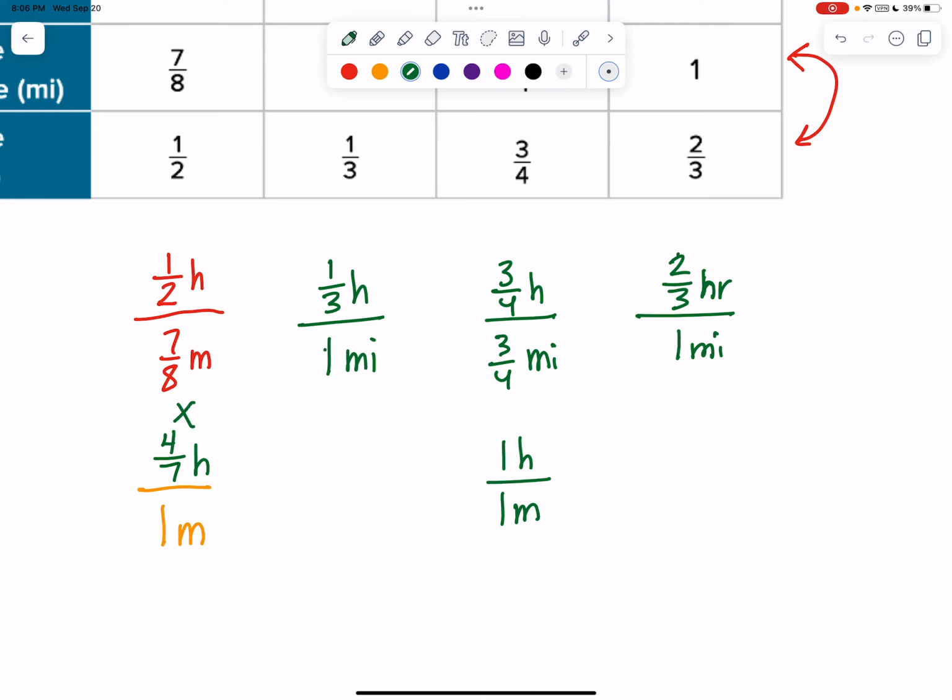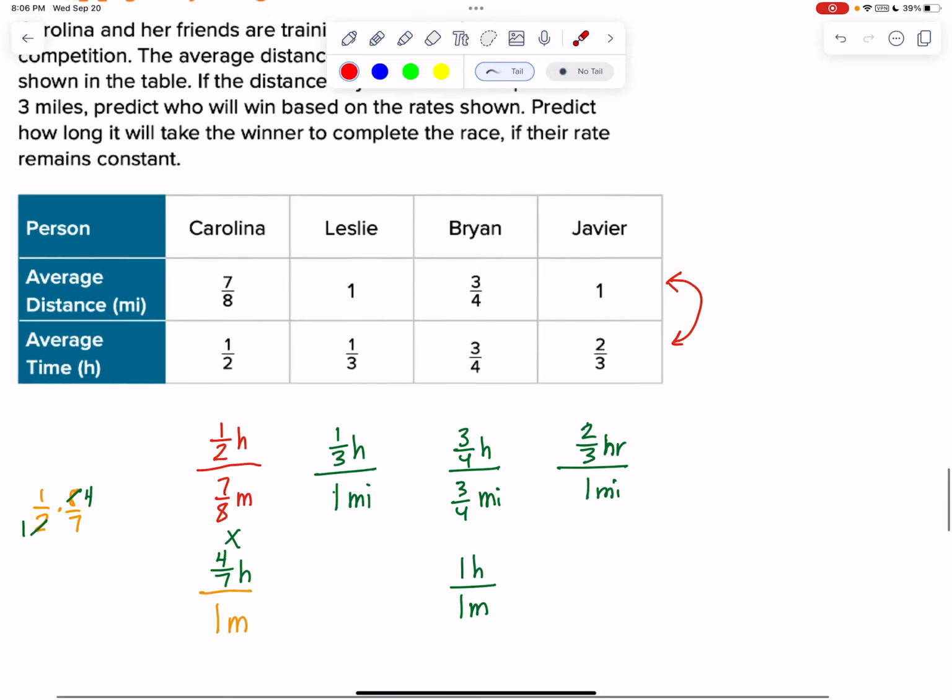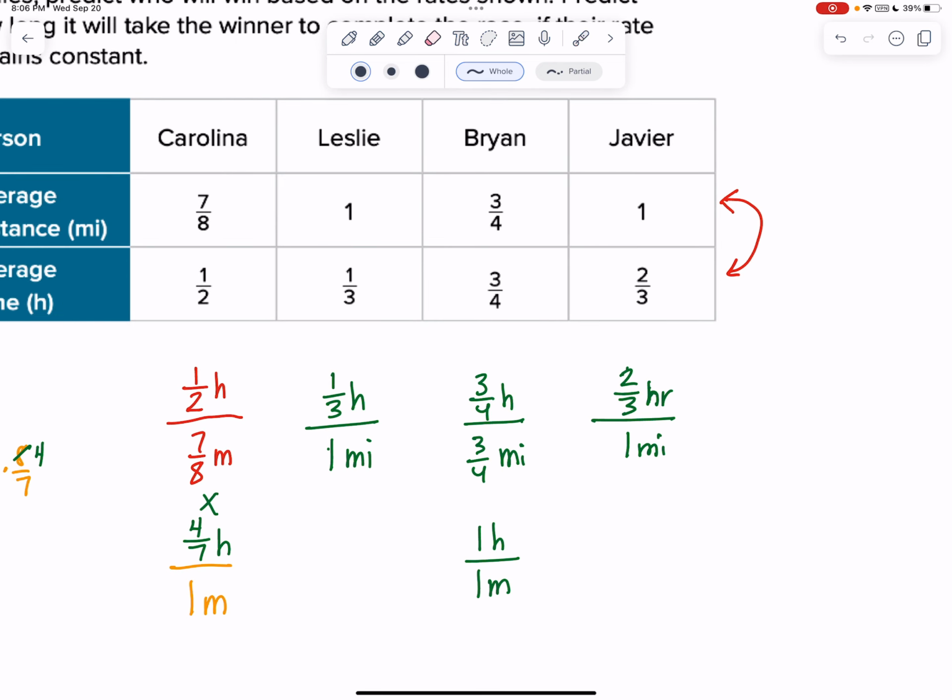And let's look at some more here. This is an hour for a mile, so that's more. And this is 2/3 hours per mile, which is more. So we can see that the person who does it in the shortest amount of time ends up being Leslie.